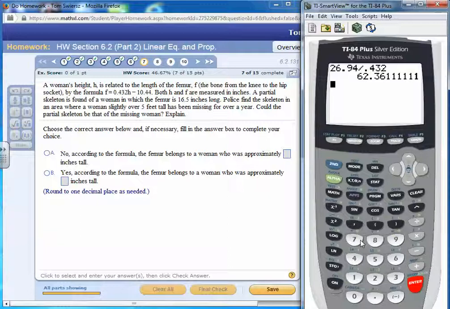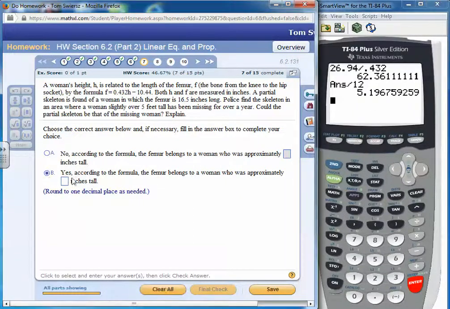Okay, now 62.36, there's 12 inches in a foot, right? So divided by 12, this person's going to be a little bit taller than 5 feet. Okay, so now could the partial skeleton be that of the missing woman who's slightly over 5 feet? Yeah, it's 5 feet, 0.19, right? So yes, according to the formula, the femur belongs to a woman who is approximately, well, we go back to inches, to 1 decimal place.